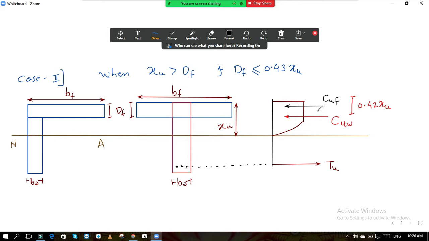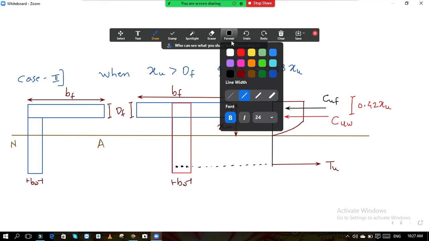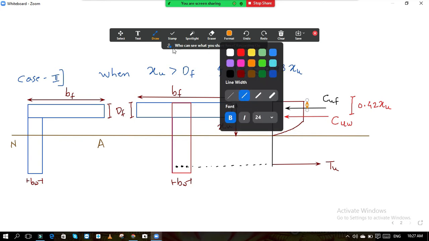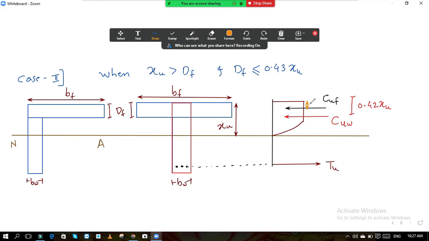Okay, CUF, and the question is where it will act. It will act at a distance of df by 2. Now, if I show you the distance, this distance is df by 2.